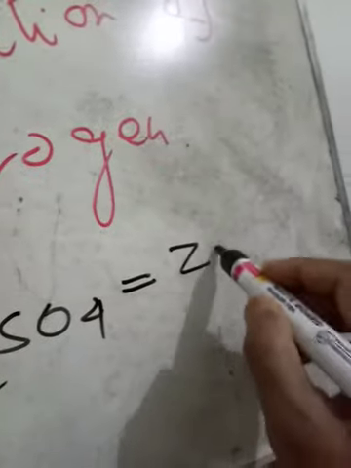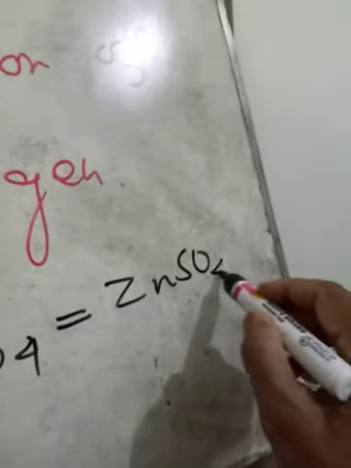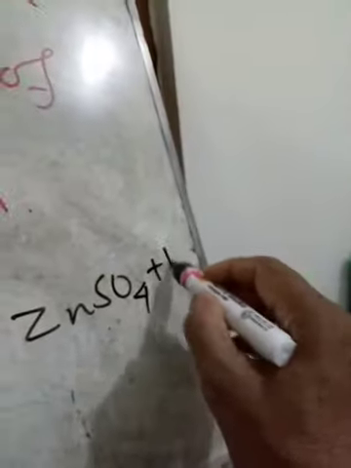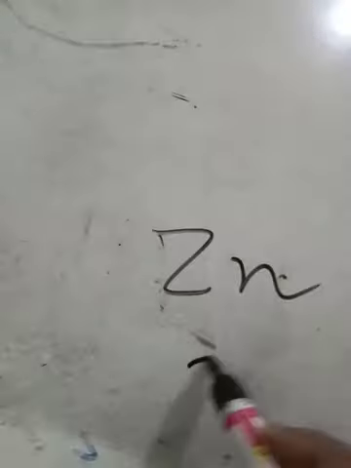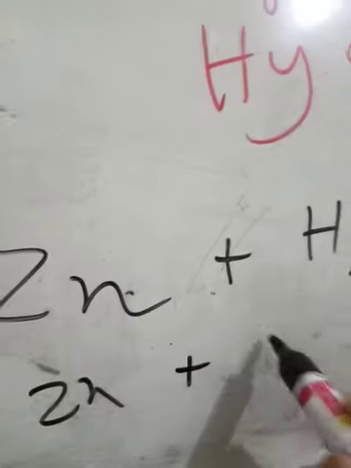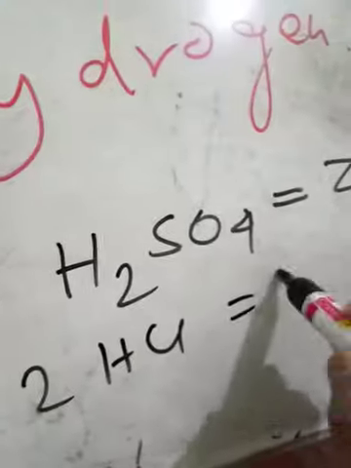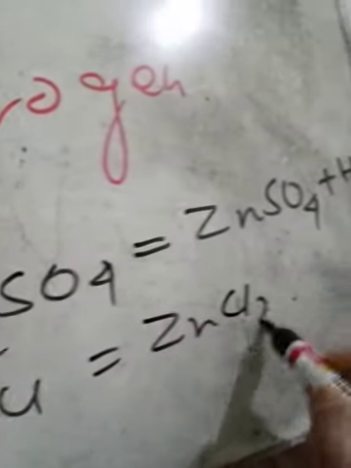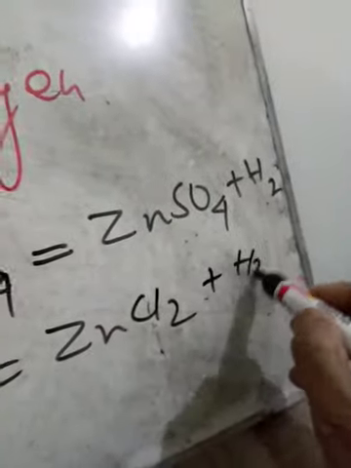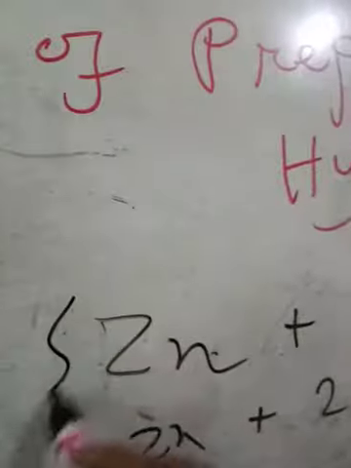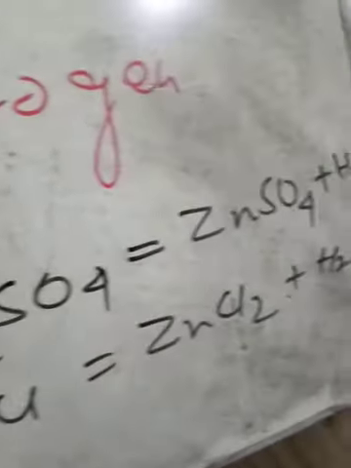Then it will form a salt, zinc sulfate plus hydrogen, or zinc plus dilute HCl gives zinc chloride plus hydrogen. This is the chemical reaction which takes place during the preparation of hydrogen.